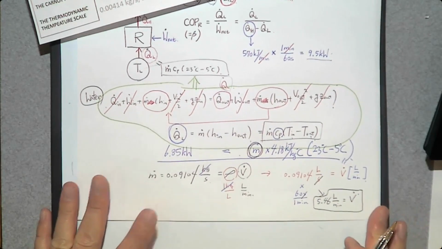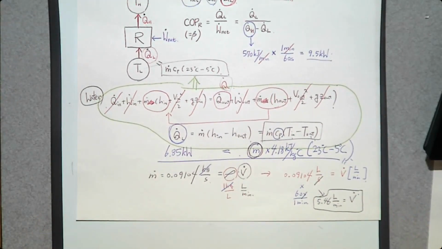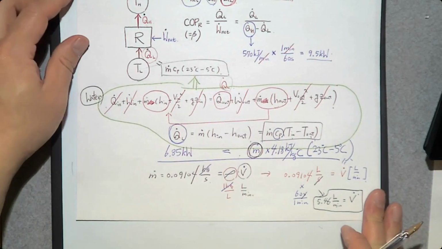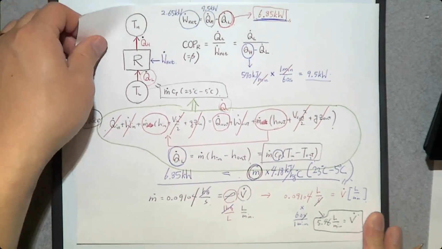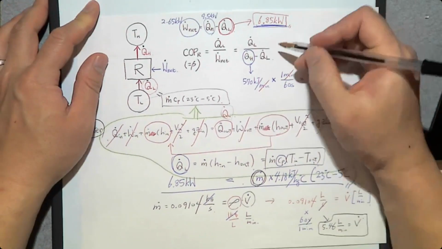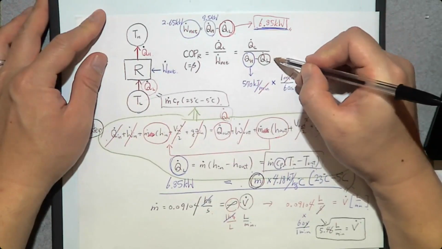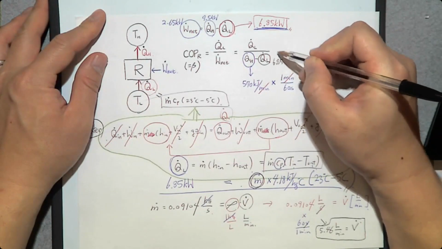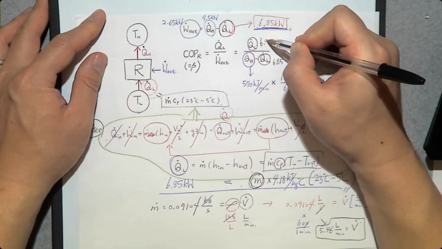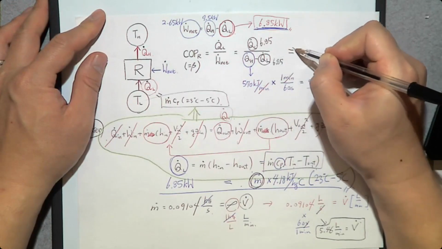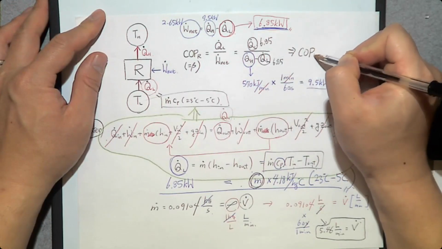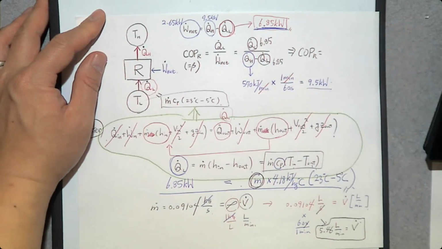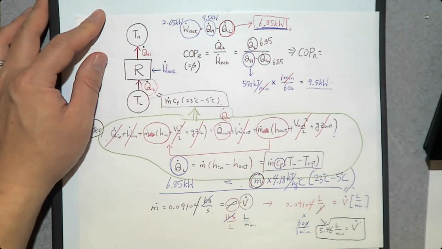So that's how you solve this problem. And the other question in the problem is the COP of the refrigerator. We found Q dot L is 6.85. So you can determine COP. That is 2.58.